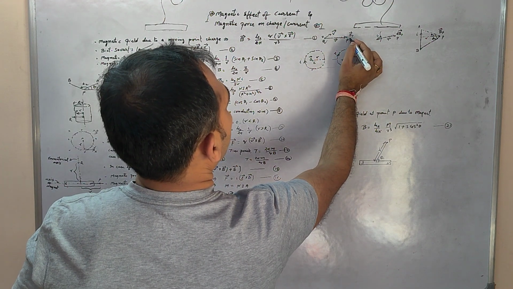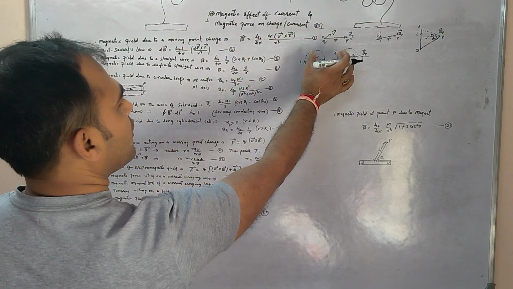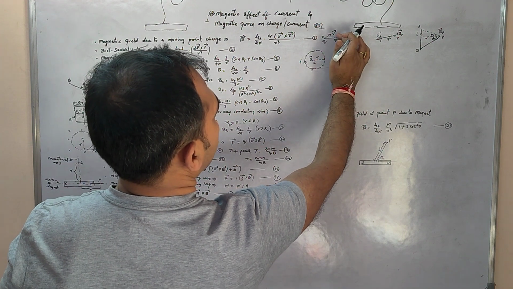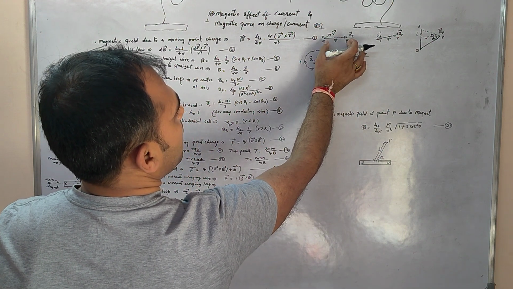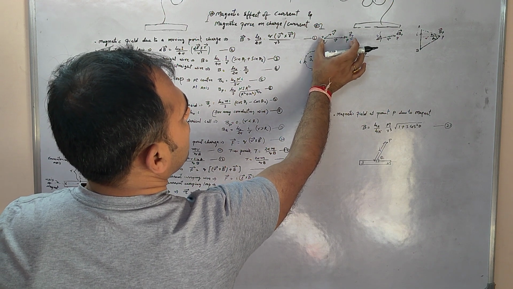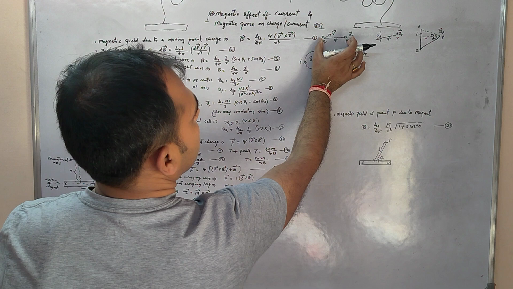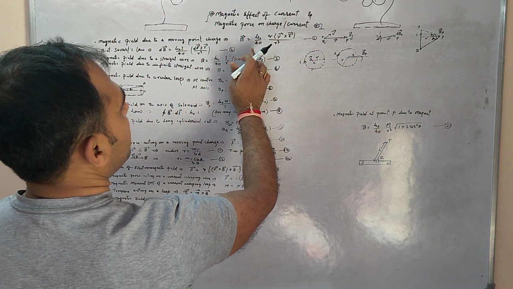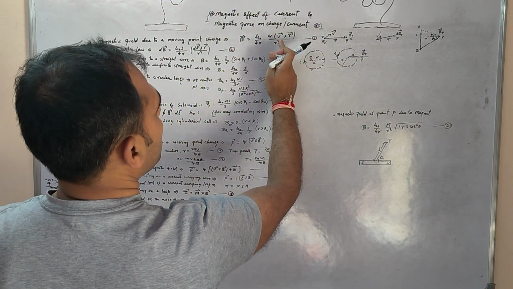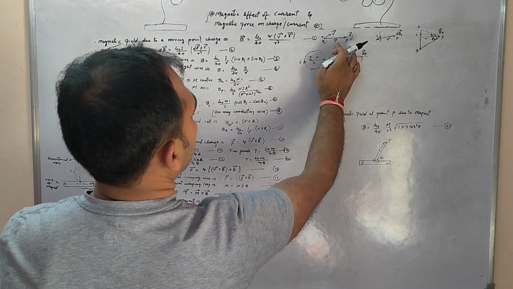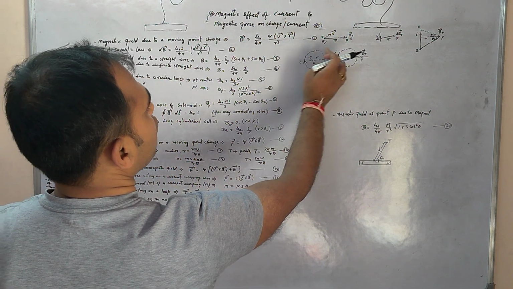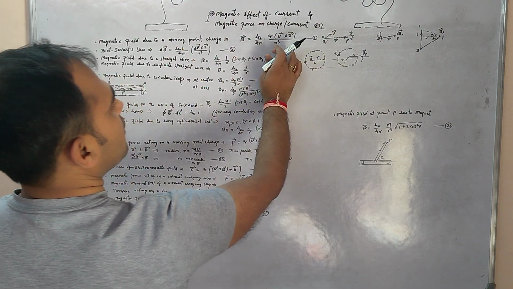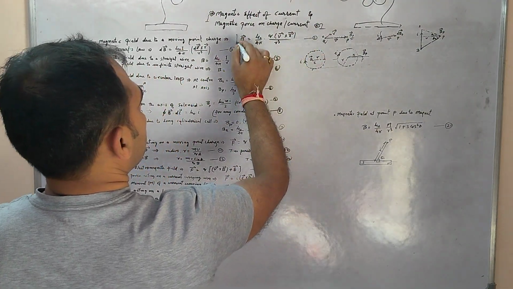We have to find the magnetic field vector B at point P due to this moving charge Q. So the formula will be B vector is equal to mu naught upon 4 pi Q v cross r, this v cross r position vector, upon r cube, that is the magnitude of this position vector r. This is first.